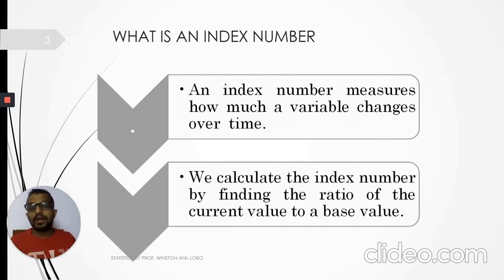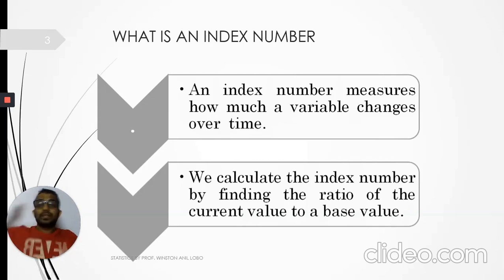So remember, we calculate index numbers by finding the ratio of the current value to the base value, that is, the present value compared to the previous value. Students, remember these words. Current value means present value.